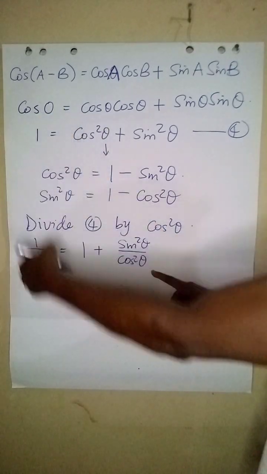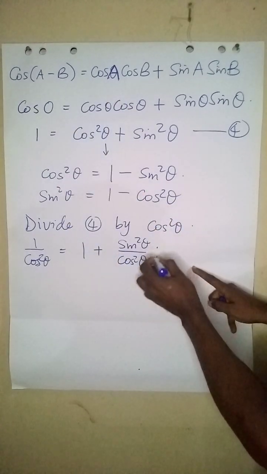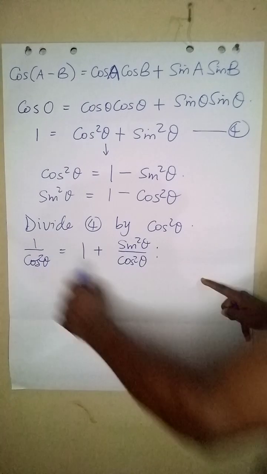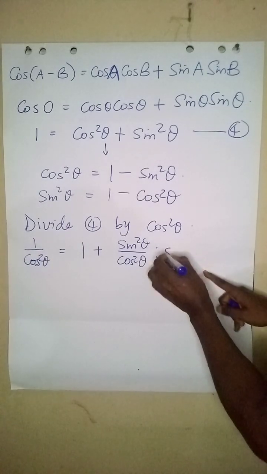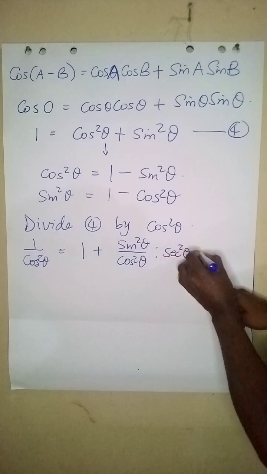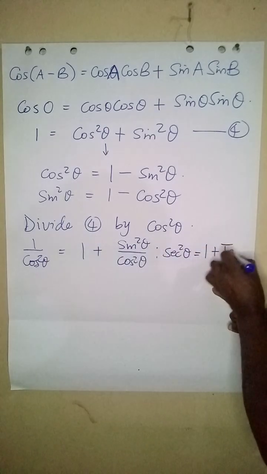So this divided by cos square theta gives you 1, and you have this. And 1 over cos theta is simply sec theta. So this is sec square theta equals 1 plus tan square theta.